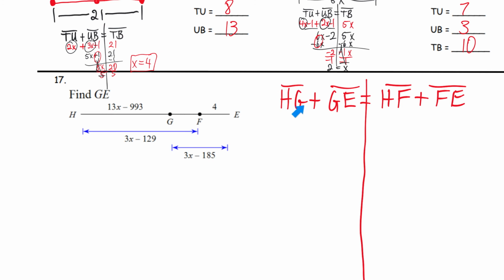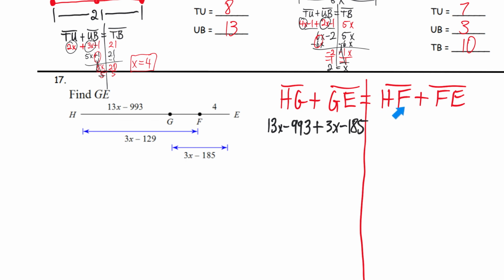So how long is HG? HG is 13x minus 993, plus, how long is GE? GE, right down here, is 3x minus 185.